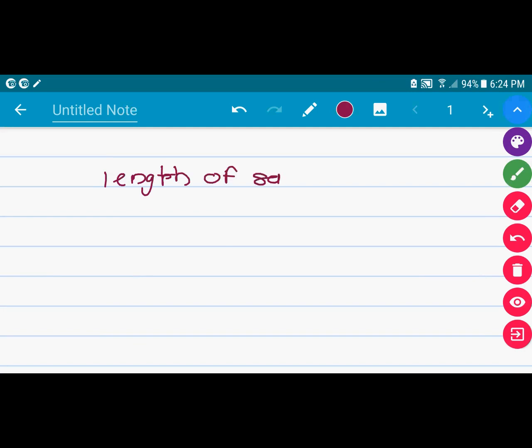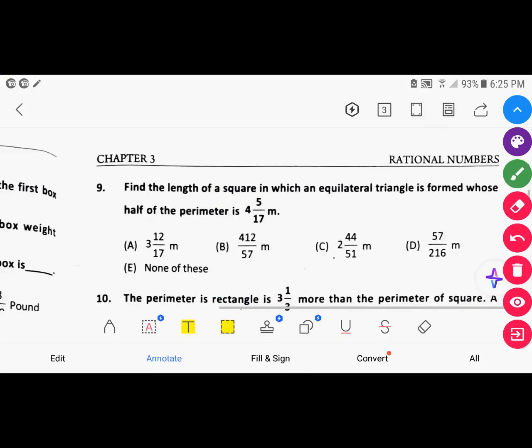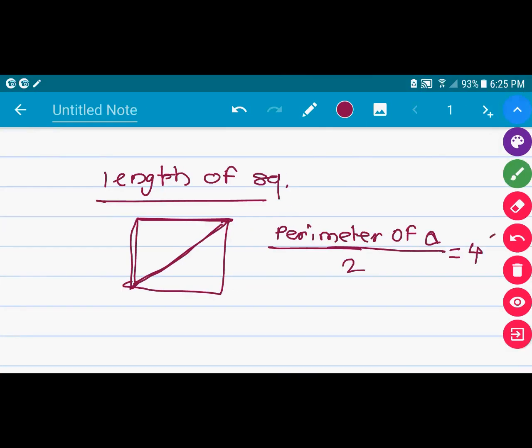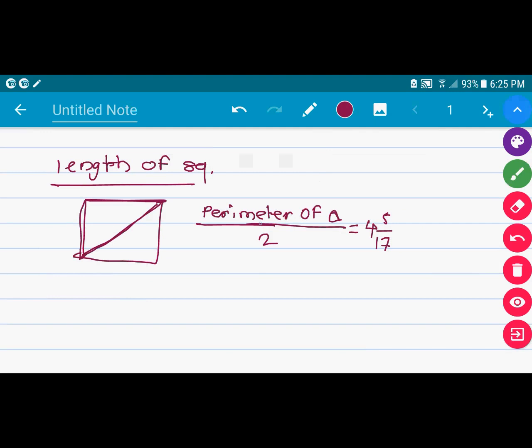In this square an equilateral triangle is formed, and whatever the perimeter of this equilateral triangle is, its half is given to us, that is 4 5/17. So if we divide the perimeter of the triangle by 2, we get 4 5/17, and we have to find the length of the square.